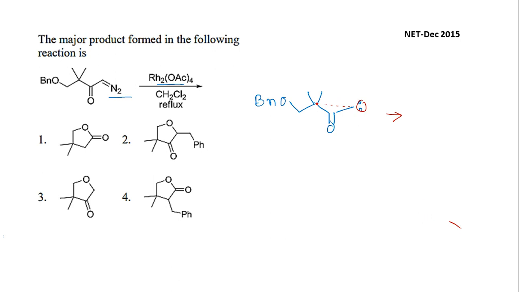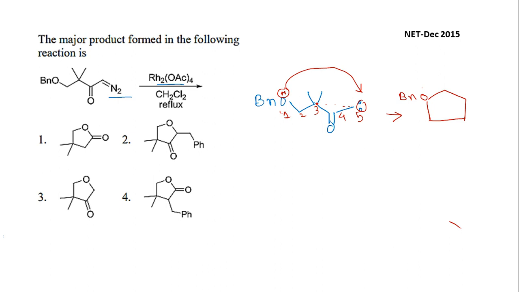Basically, another possibility is there. As we have this BnO group, which you can see, and this is nucleophilic, this will attack this electron deficient carbon. As a result, there will be formation of a 5-member ring, and BnO is part of the ring.